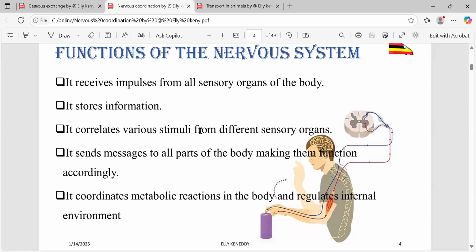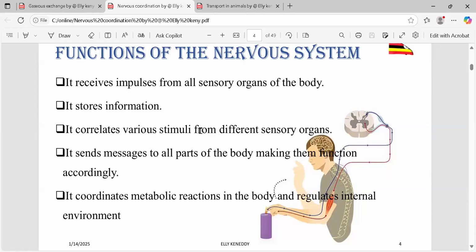It also stores the information, yes. Sometimes there is no way you can see the snake and run away unless you have seen it before or someone has explained to you that the snake is very dangerous. Because someone told you that the snake is very dangerous and you kept it in the head, the brain stored that information, and it shall be the reason why you see the snake and run away.